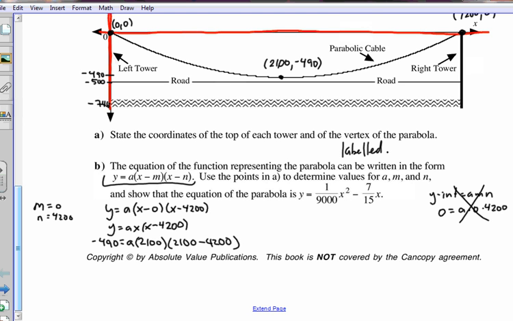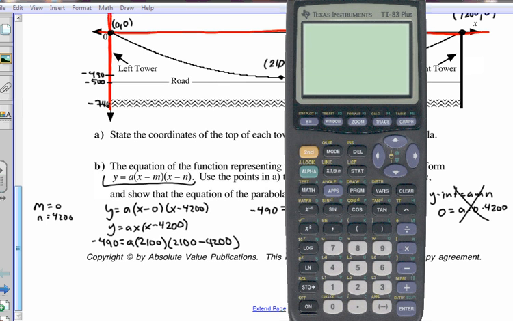Okay, so we get negative 4,900 equals A times 2,100 minus 4,200, it's going to be a big number, that's okay, and then times the 2,100. So it's 2,100 times 2,100 minus 4,200. Yeah, it's a negative, I'll show you in your calculator.